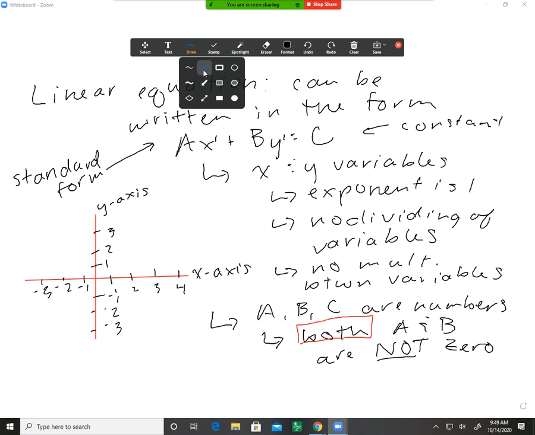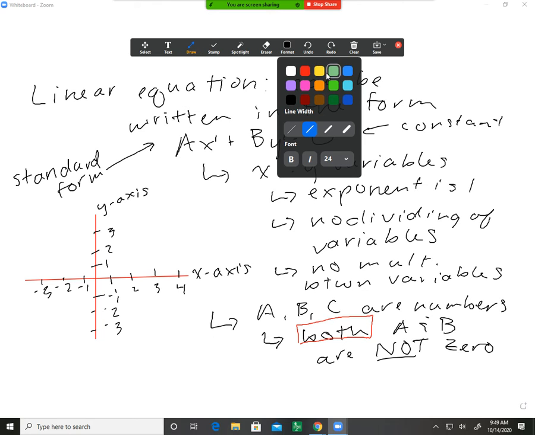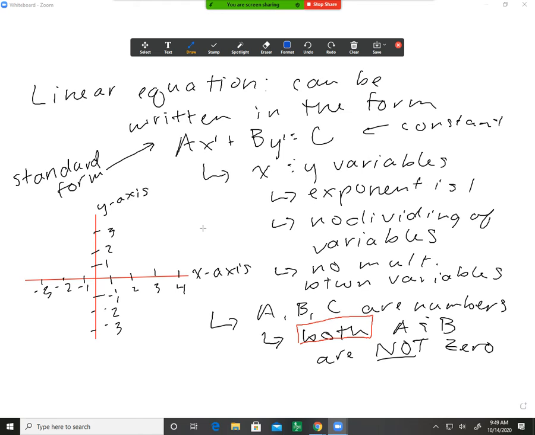So if we are talking about a linear equation, a linear equation always is a line, and it's going to continue in both directions. Notice how I have an arrow at the end here and an arrow here.